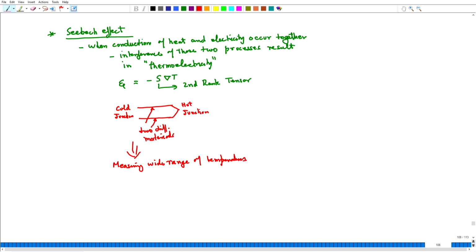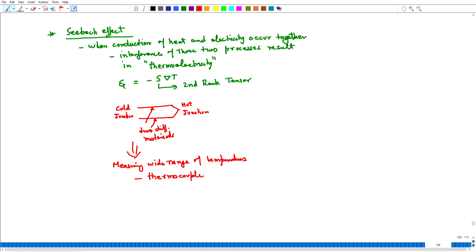This device is called a thermocouple, and this is a very commonly used device for measuring, for example, furnace temperatures, and this gives quite an accurate measure of temperature.